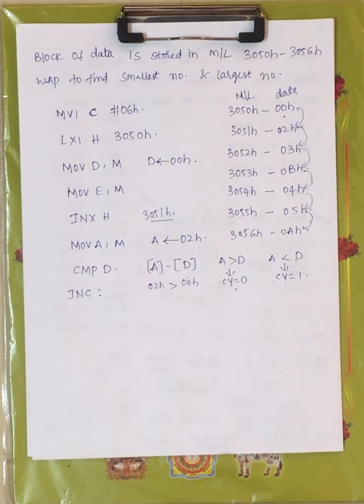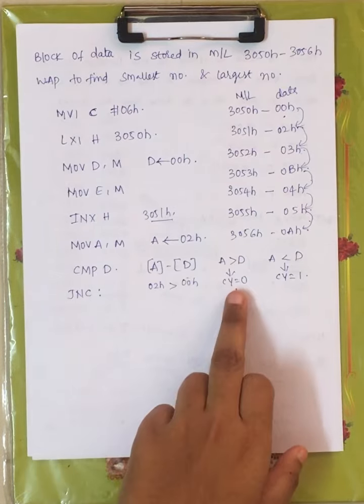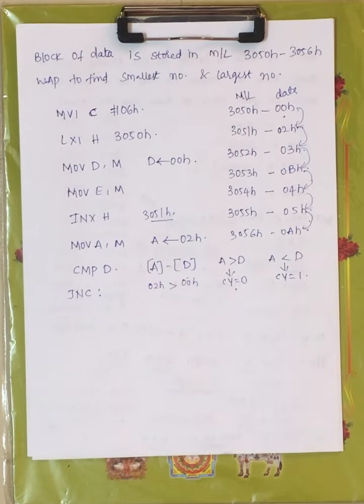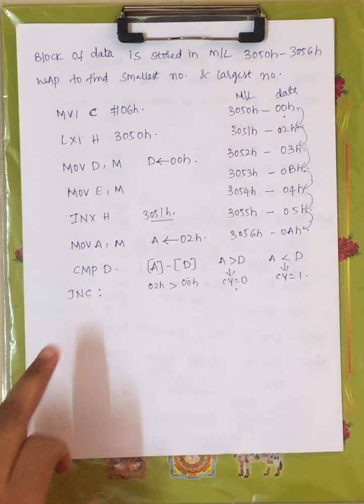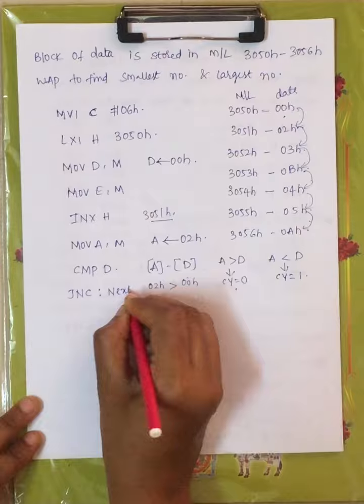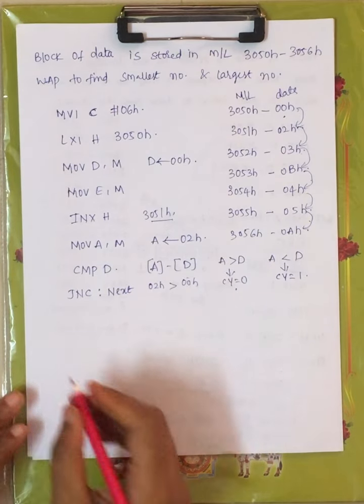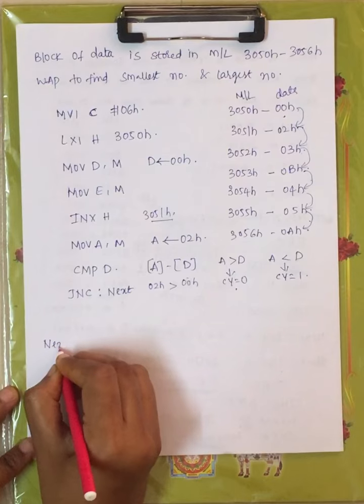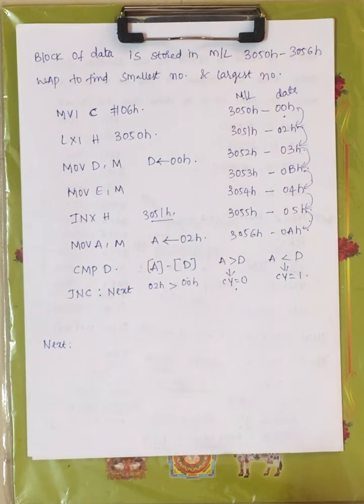If there is a carry, one scenario has to be followed. Here, since A is greater than D, carry is 0. Jump if no carry to some label, next.